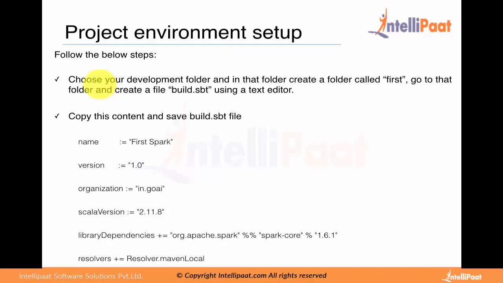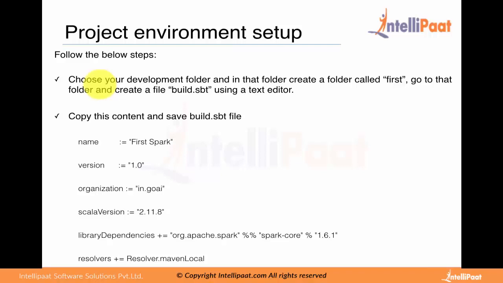The next step is you need to set up the project environment. So choose a development folder. You can have anything as a development folder, either inside your workspace or anywhere. Just find a folder where you can start doing all your programming exercises. That folder is what I'm calling the development folder.